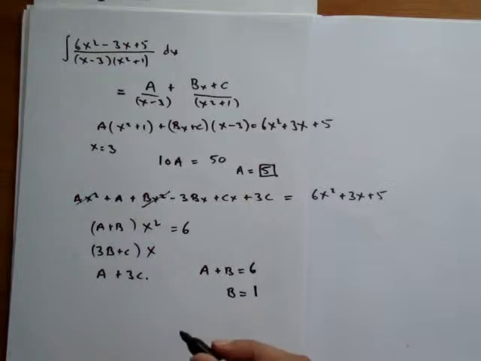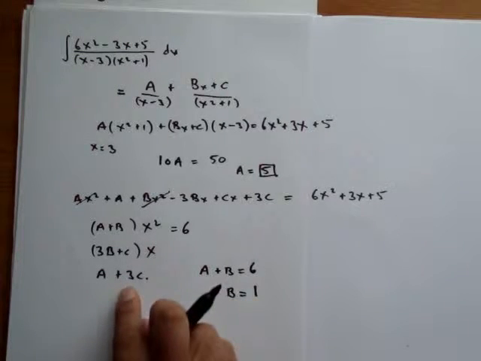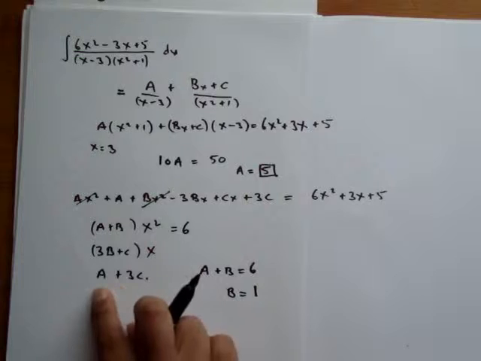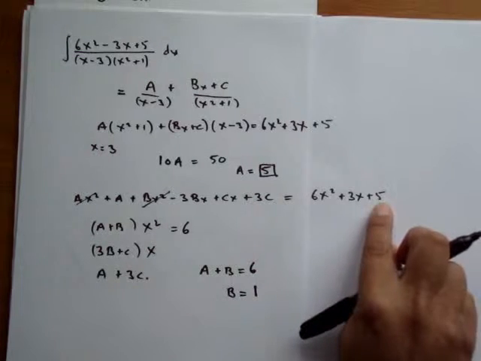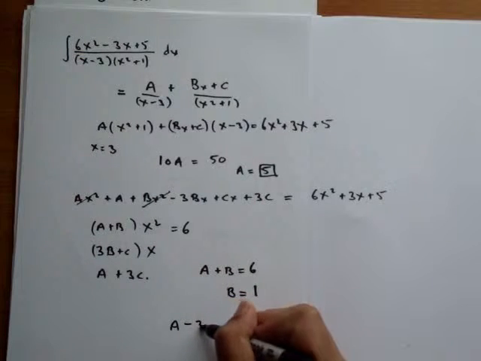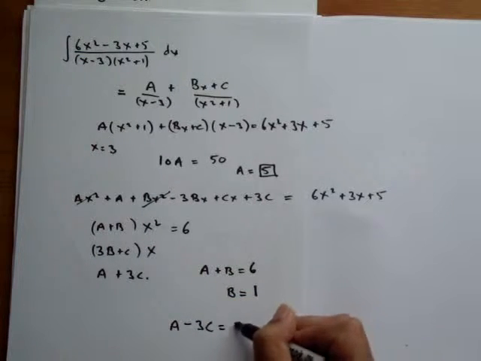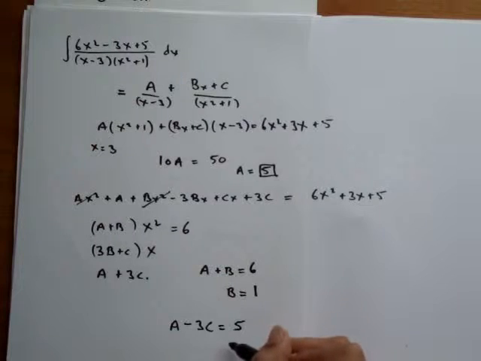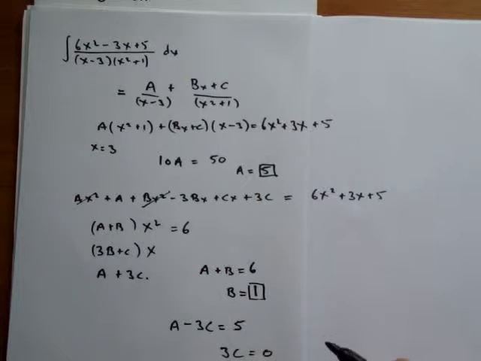If we want to know our C, we've got here A minus 3C is equal to 5, and because the A equals 5, our 3C equals 0 and our C equals 0. So C equals 0, B equals 1 and A equals 5.